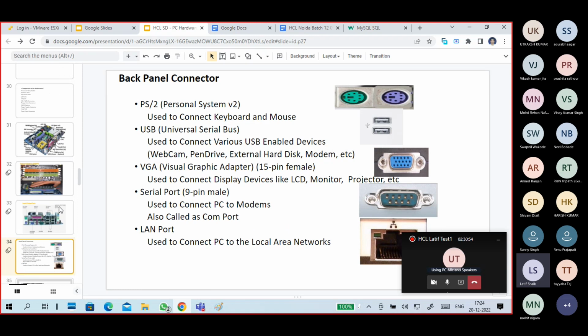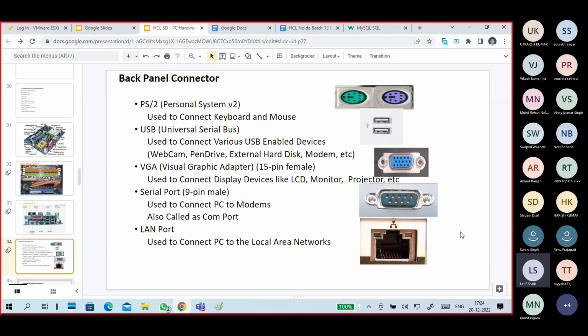These are the individual names and how they look. The serial port is also called the COM port or RS232, same names. VGA is Video Graphics Array, or Visual Graphics Adapter, both names are correct, for connecting your monitor. You know USB already, and this is the PS/2 port where we connect a keyboard and mouse; we still use it.